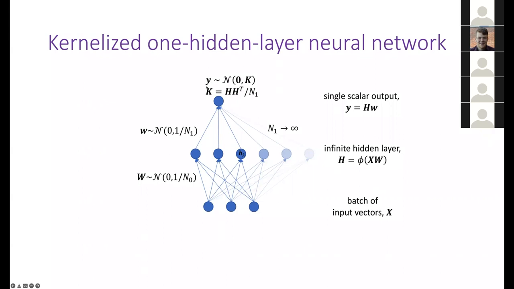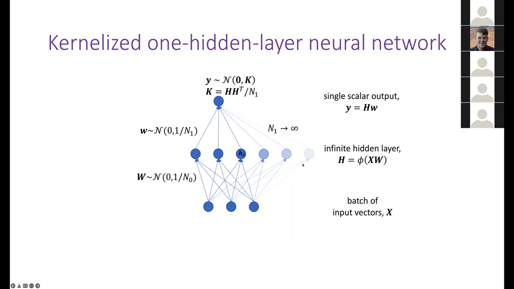And that means that my y's are given by a Gaussian, where the kernel is again HH transposed. So that again tells us that my y's are going to be correlated if the intermediate layer features are similar.